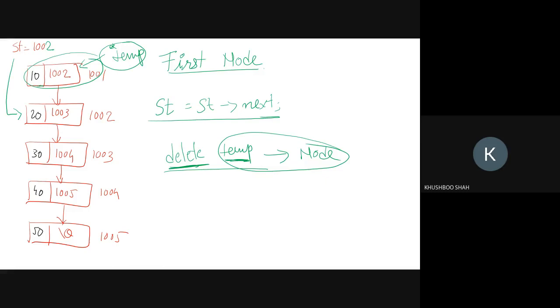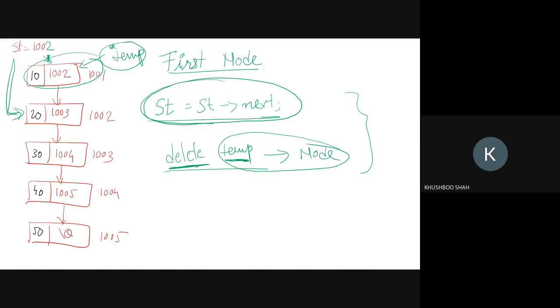Understood, everyone? Yes, ma'am. So what are we doing? See, when we are writing these statements, by this statement we are simply deleting this link and creating this link. But we have not removed the data. We have not deleted the data from the memory.